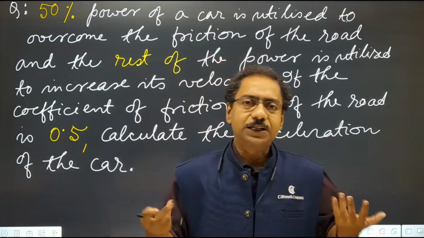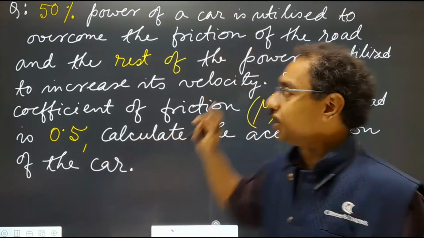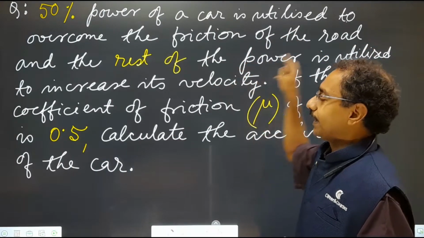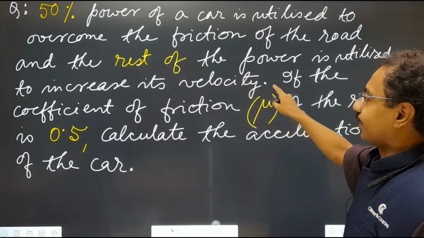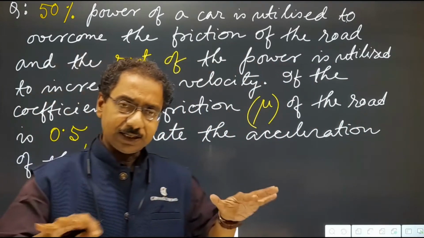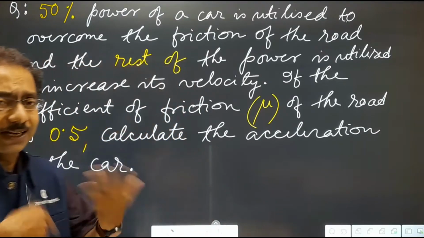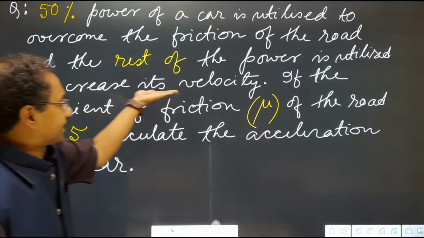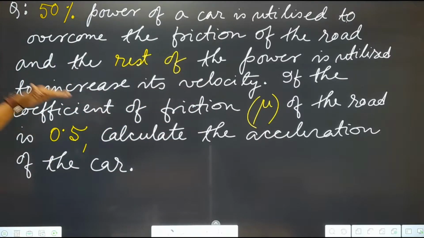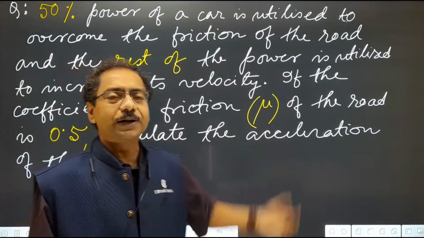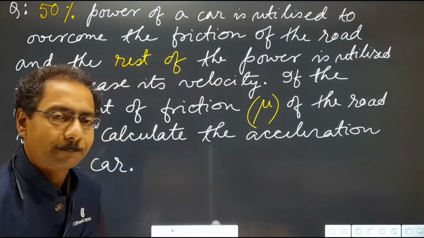The rest of the power is utilized to increase its velocity. Half of the power is utilized to overcome friction, and the other half is utilized to increase its velocity. If the coefficient of friction of the road is 0.5, then you have to calculate the acceleration of the car.